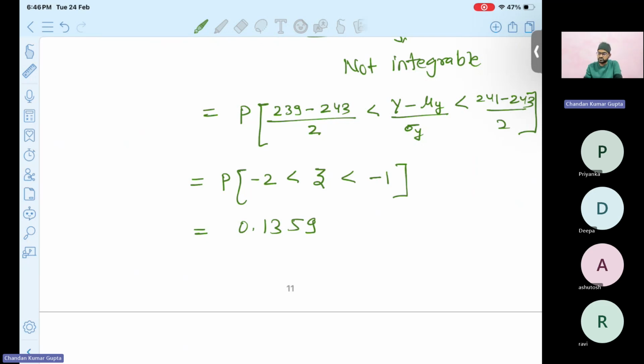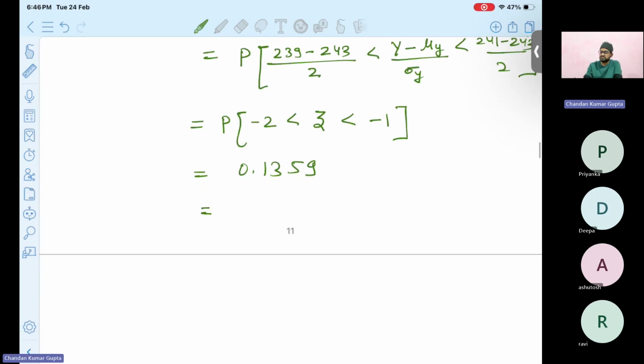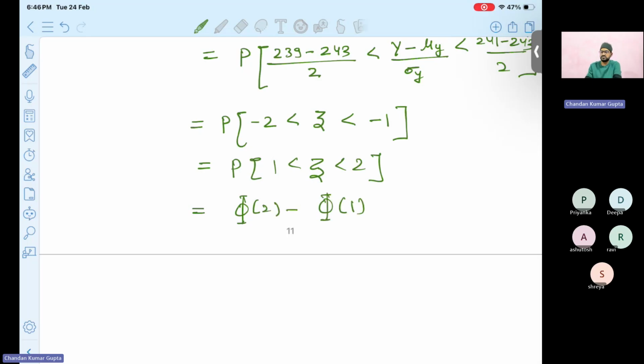Since the curve is symmetrical, minus 2 to minus 1 has the same probability as 1 to 2. So this is phi 2 minus phi 1.